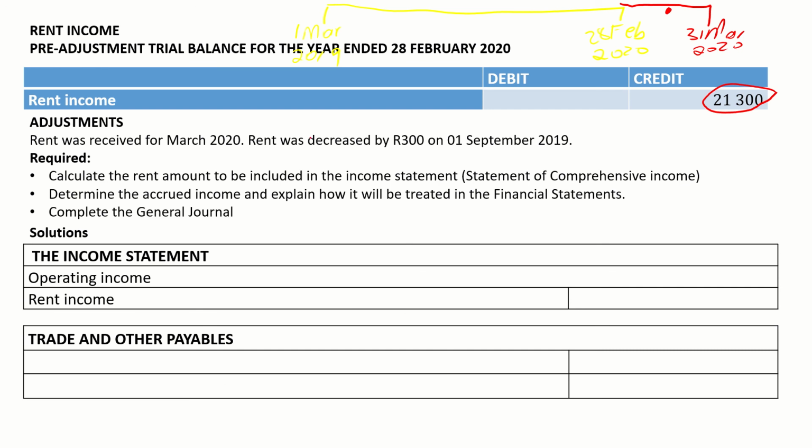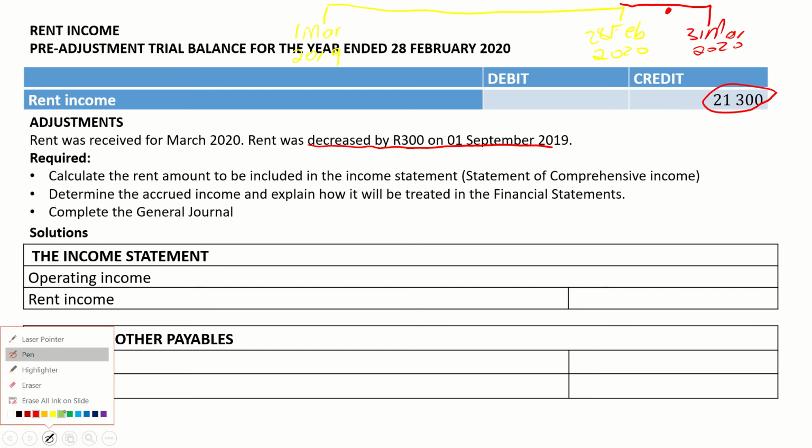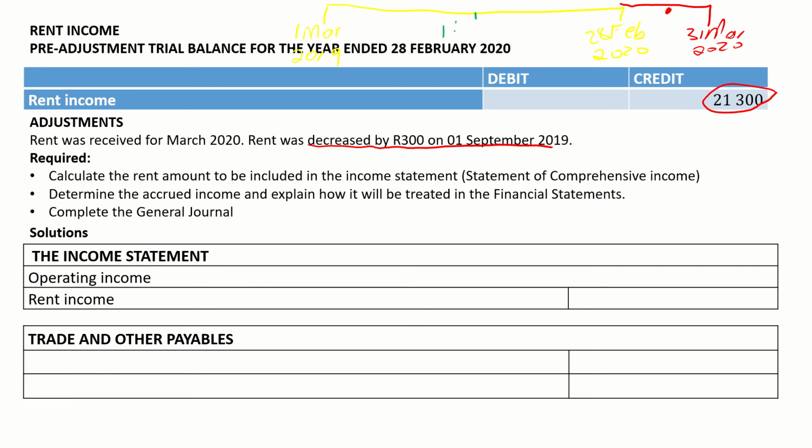Note that rent was decreased by 300 on the 1st of September 2019. Something happened there, all right?